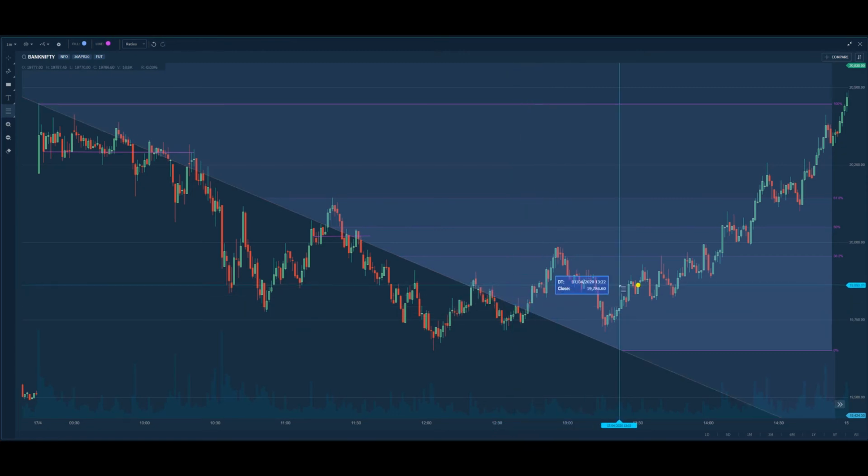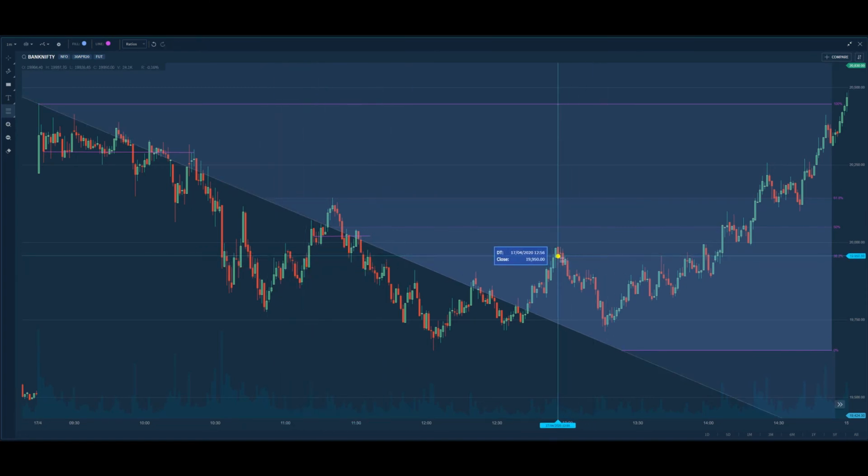Then also in the Fibonacci retracement, you can see this 0.38 level. This will act as a resistance, as you can see here also. This part of the chart, see, there is a resistance here also.